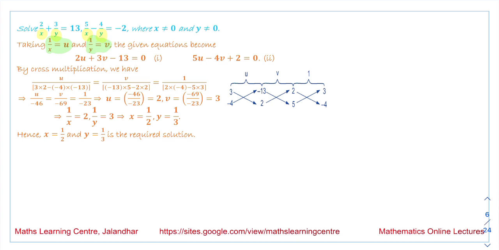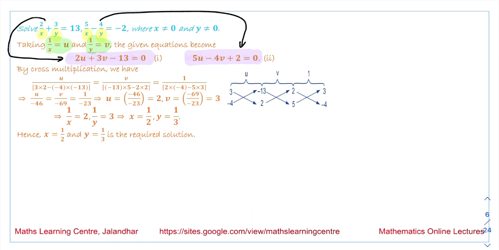So these equations will come in the form 2u plus 3v minus 13, and 5u minus 4v plus 2. So these are the two equations when we substitute 1 by x is equal to u and 1 by y is equal to v.